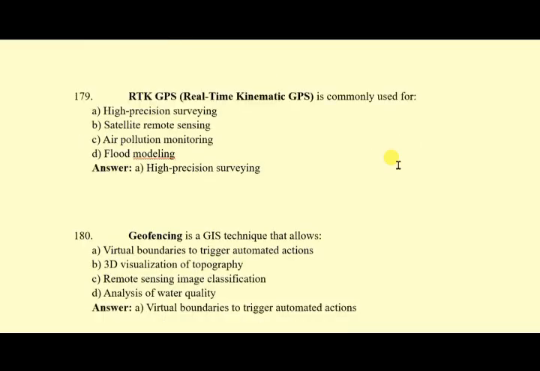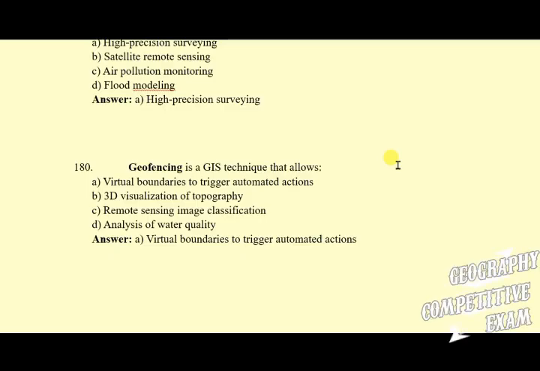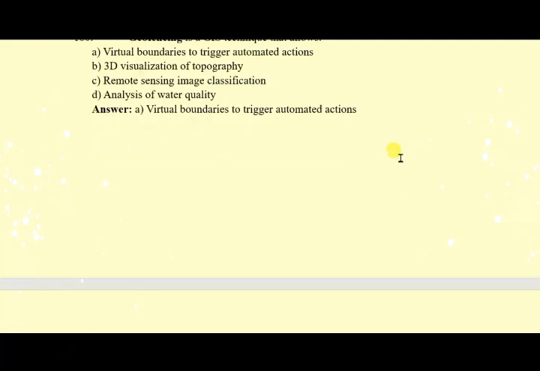Here the right answer will be high precision surveying. 180. Geofencing is a GIS technique that allows virtual boundaries to trigger automated actions, 3D visualization of topography, remote sensing image classification, analysis of water quality. Here the right answer will be virtual boundaries to trigger automatic actions.